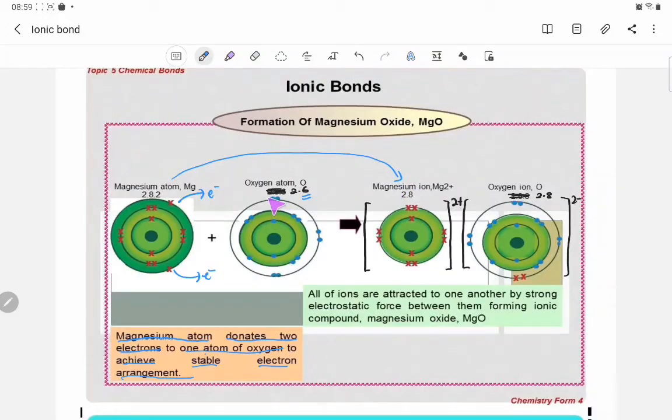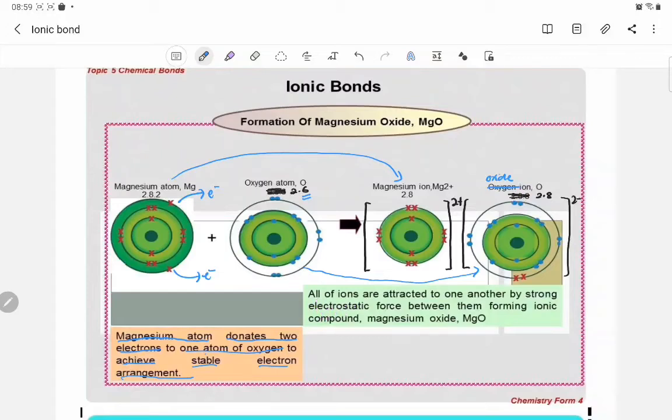And then after oxygen atom receives 2 electrons from the magnesium atom to achieve a stable electron arrangement, it will form oxide ion. Okay, oxide ion.